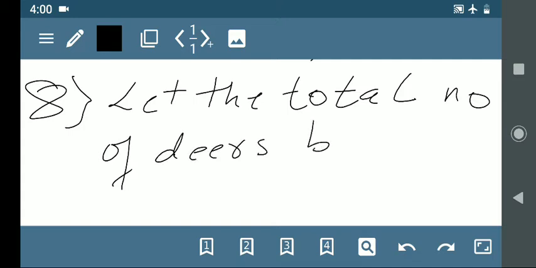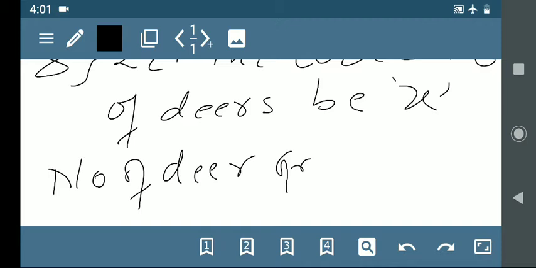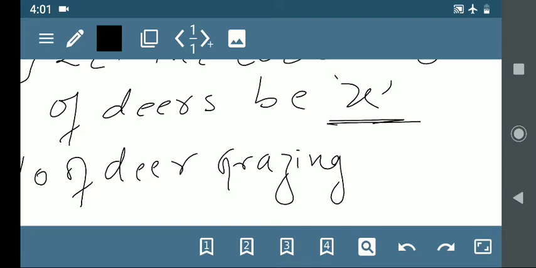When the total number of deer is x, half of the herd are grazing in the field. Number of deer grazing: what is the total deer we have? That is x. So half the deer, in the sense x by 2.